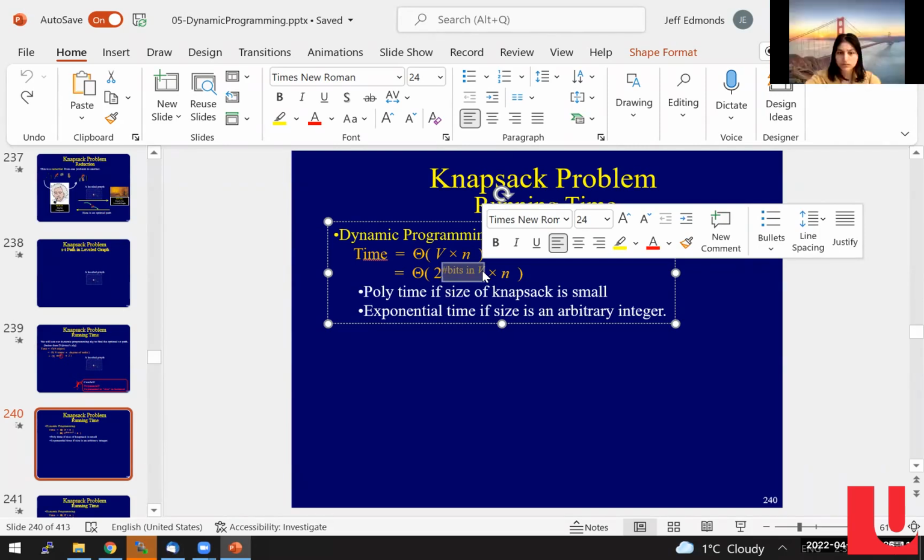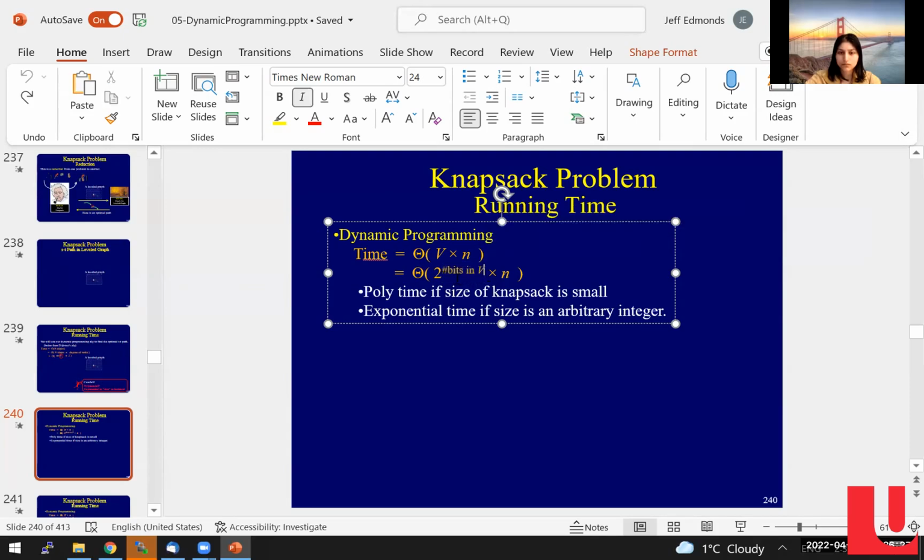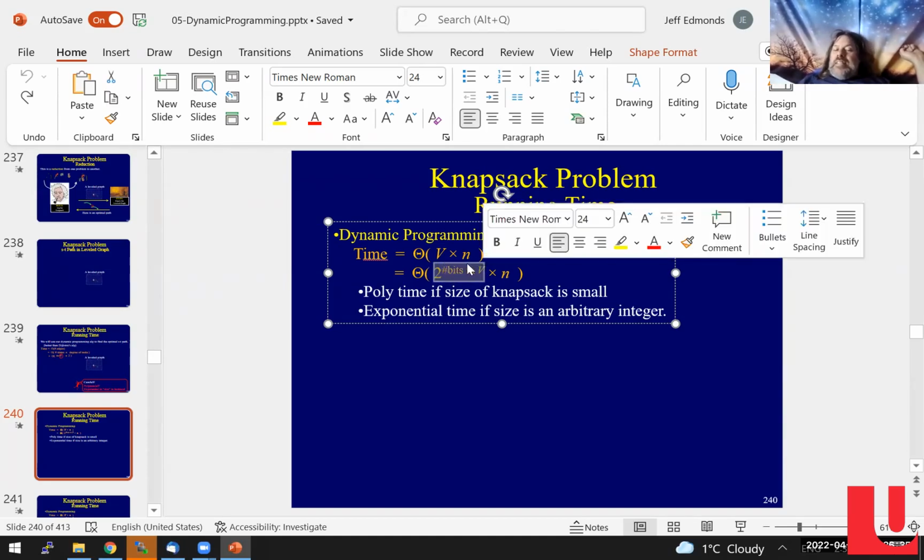You have to write down your volume, so the size of the description of your input includes the number of bits to write down the volume. So you could say that this was the size of the input, and 2 to it is equal to V, the integer value, right?